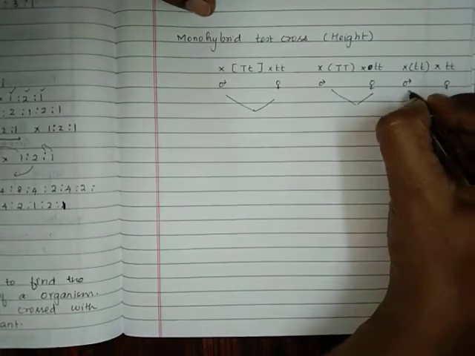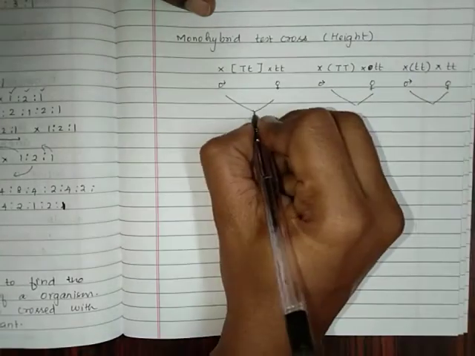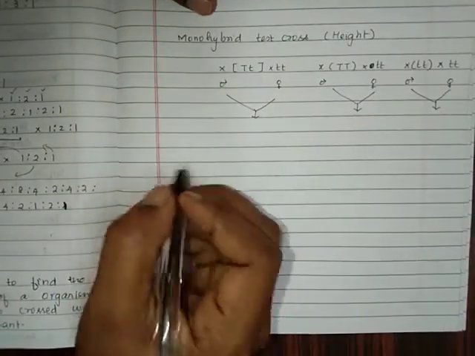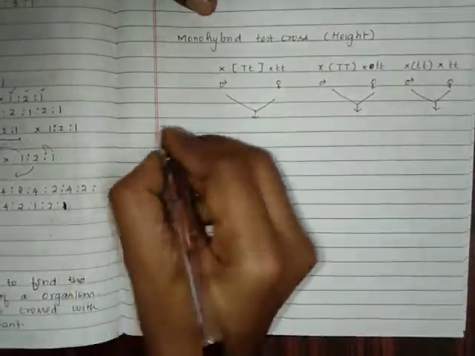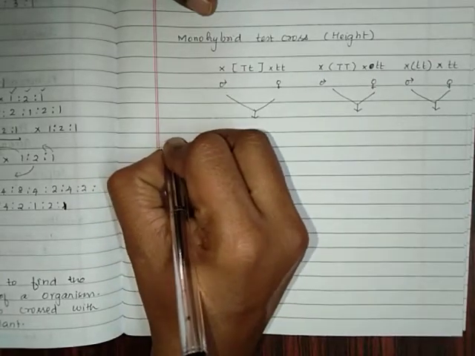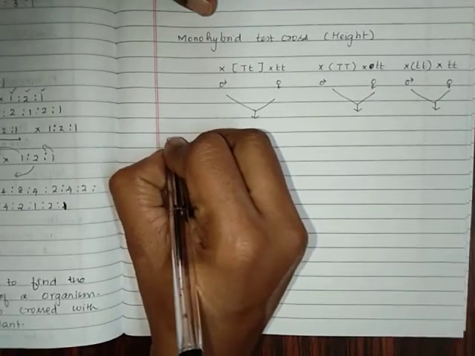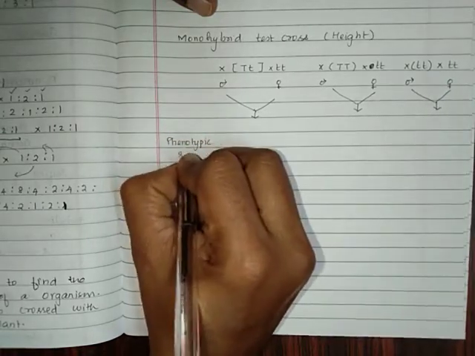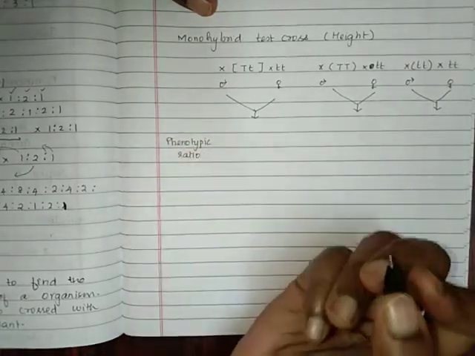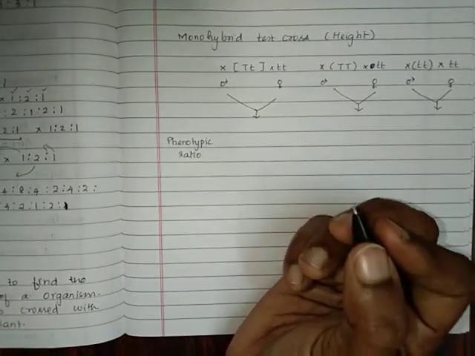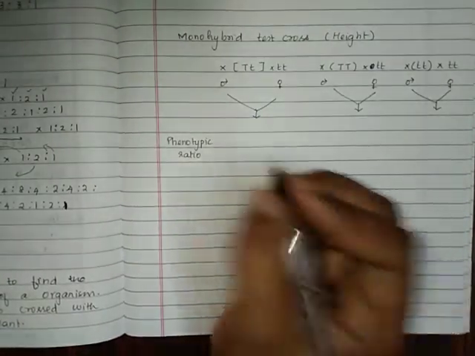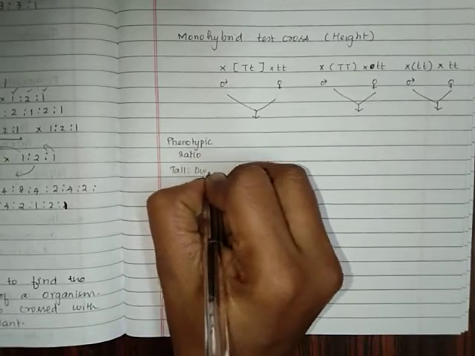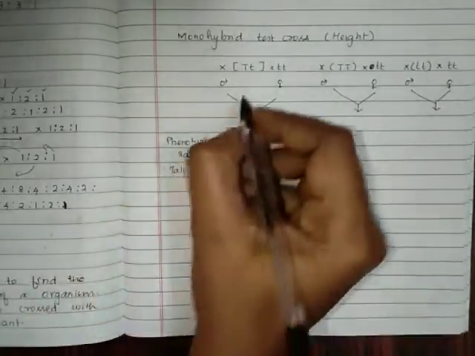So we cross these 3. The only thing we have to remember is the ratio that is obtained, that is the phenotypic ratio. When we look at the phenotypic ratio, we look at tall is to dwarf.